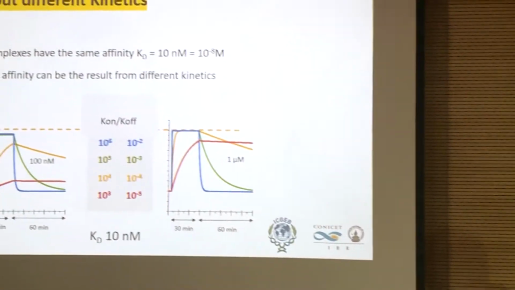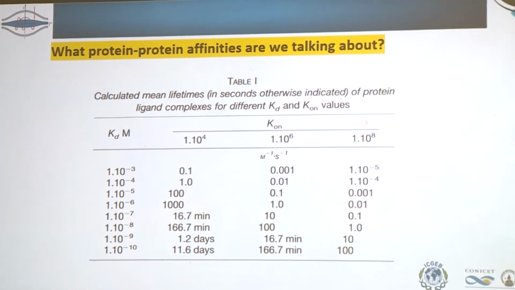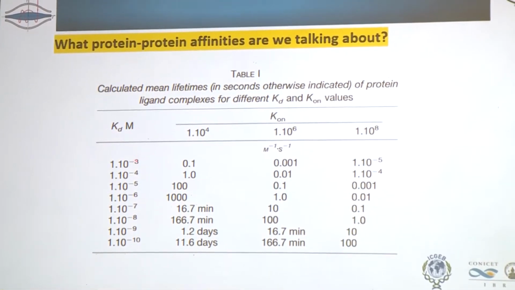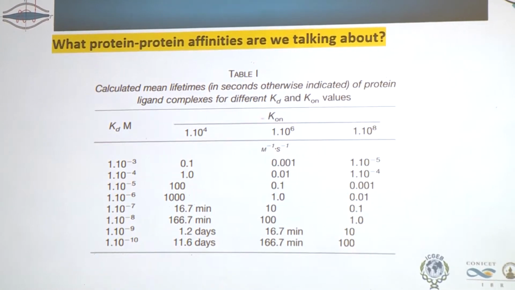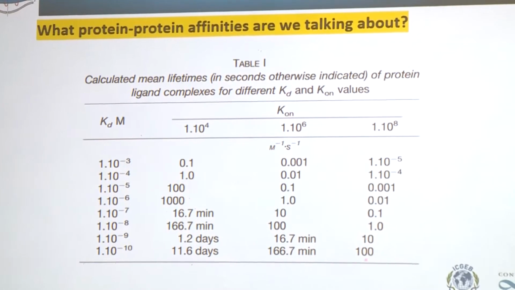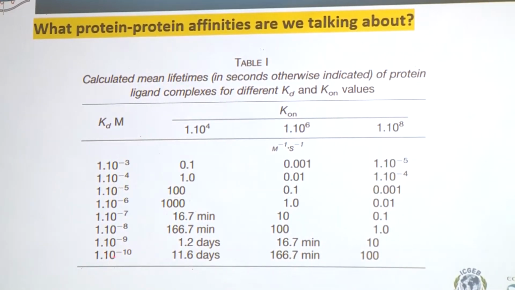Only as an example, you can have here different complexes with different Kd and different K-on, and unless stated, these are in seconds. For example, let's see this: there is a really high affinity complex.